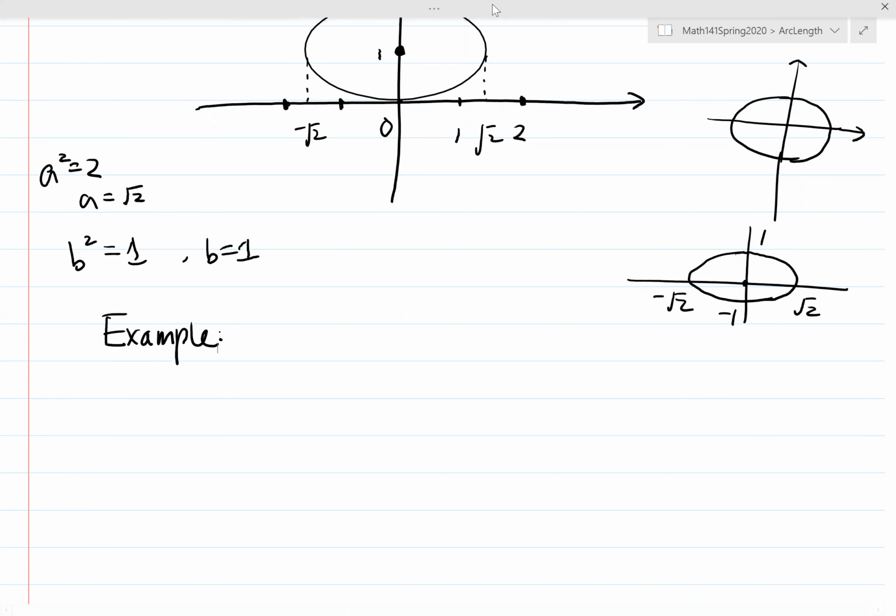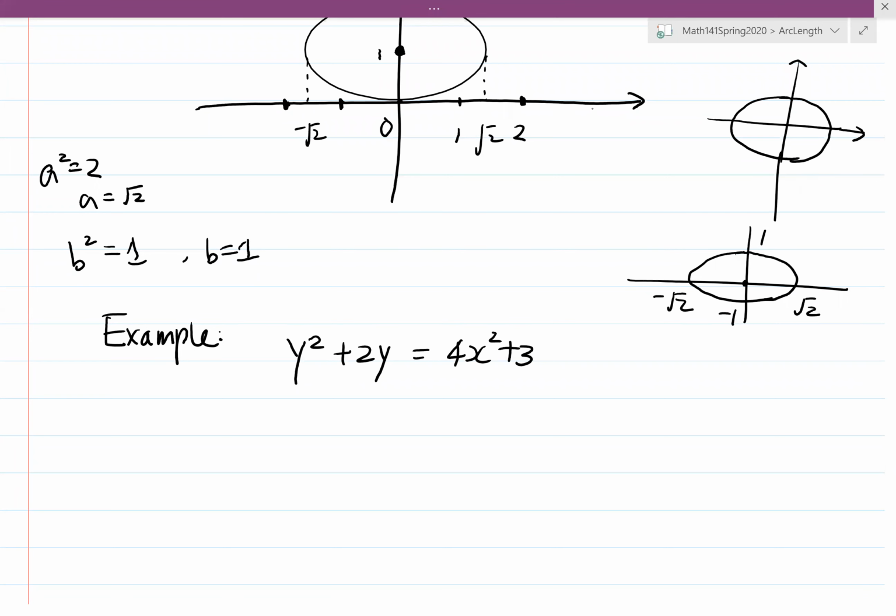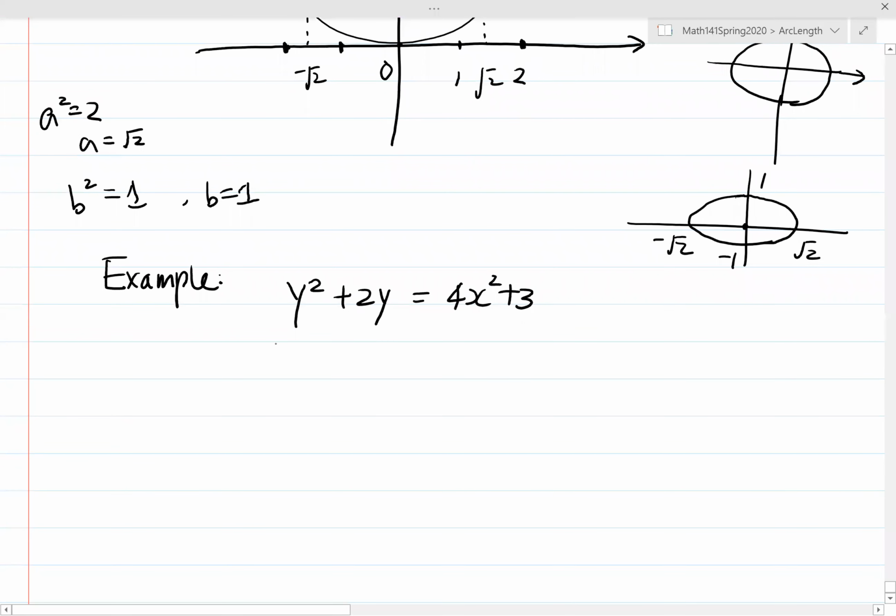Example. Okay, for this example, we will try to move terms so that we get the left side as (y plus 1) squared minus 1.